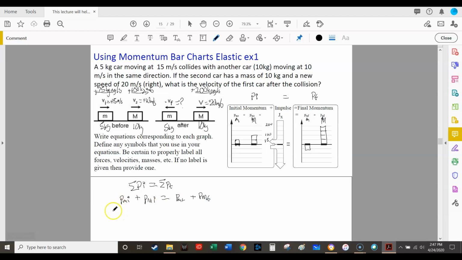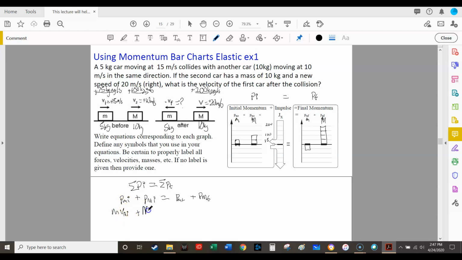And now, we don't need to put in numbers because we wrote our momentums up here. But what I'm going to do is say small m v I, subscripting the velocity to distinguish initial from final.